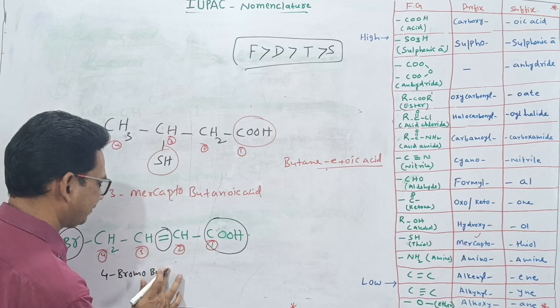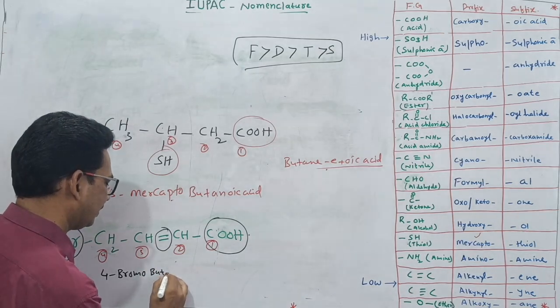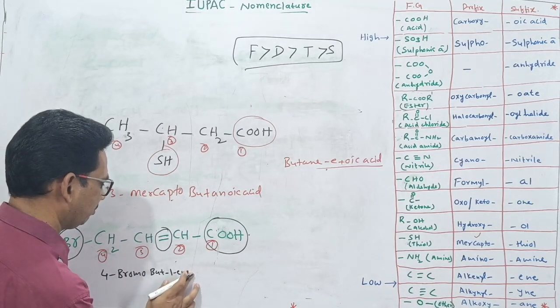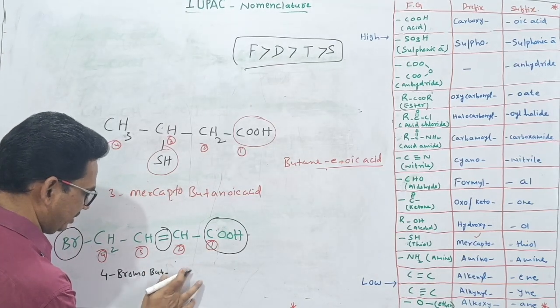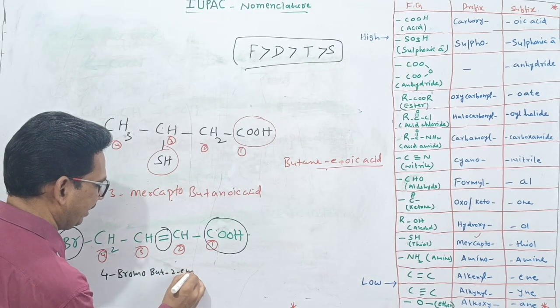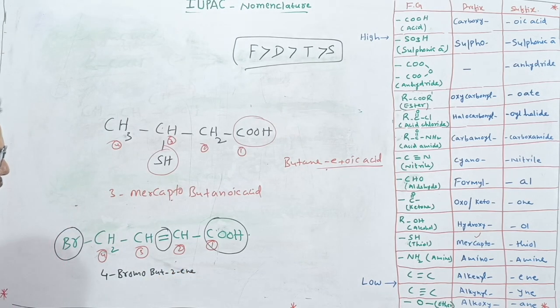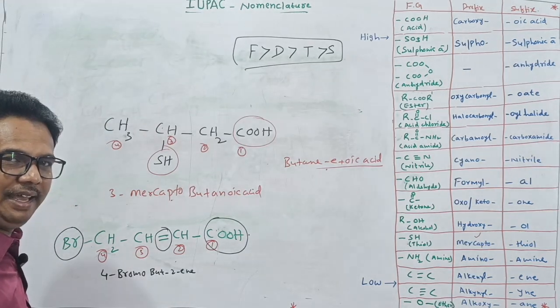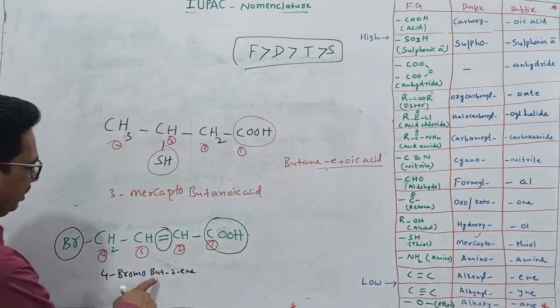Sorry, double bond is present at the second position, 2-ene. Butane minus ane plus ene, that's why what does it come?